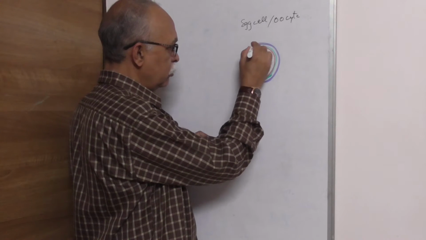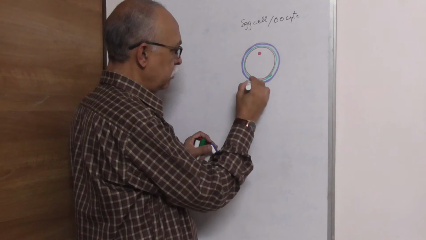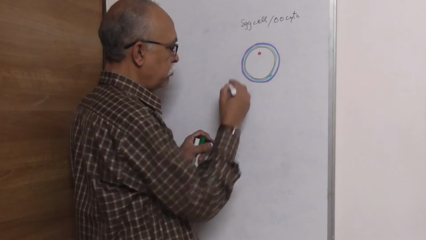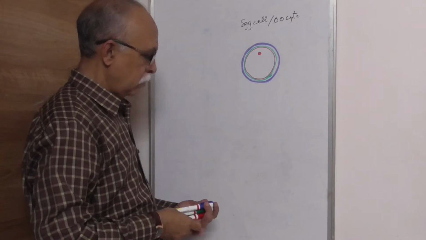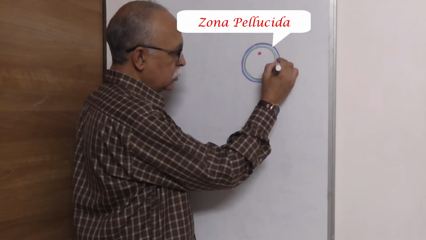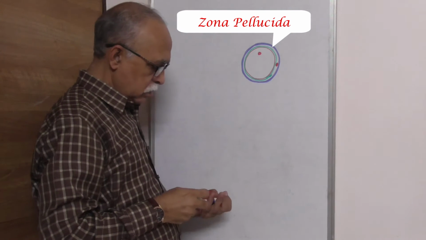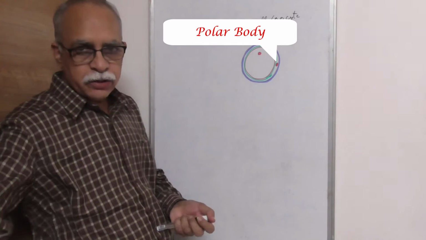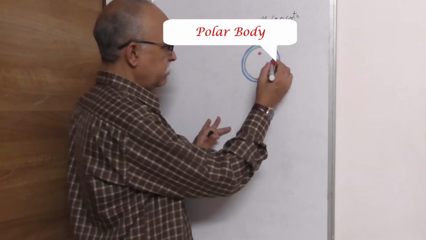A thick jelly-like layer would be seen. Now, outside this, there is one single nuclear structure. Let's name the parts.